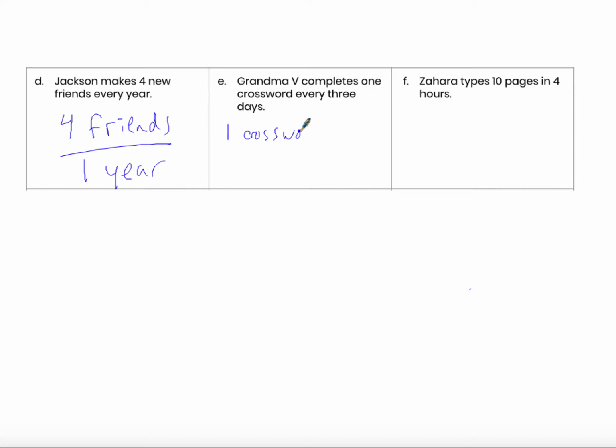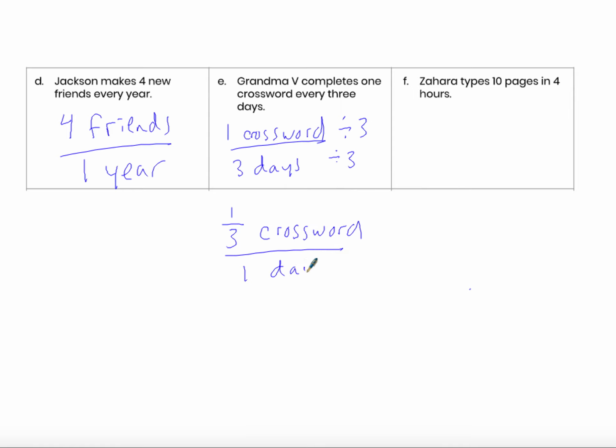Grandma V, she completes 1 crossword every 3 days. Now this is our first time where we have a denominator bigger than our numerator. So what happens when we divide the numerator by 3? What we get, we're going to write this as a fraction, is she completes 1/3 of a crossword, 1 divided by 3, every 1 day.